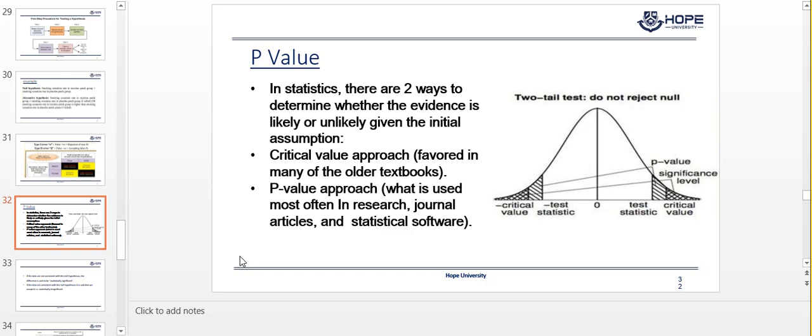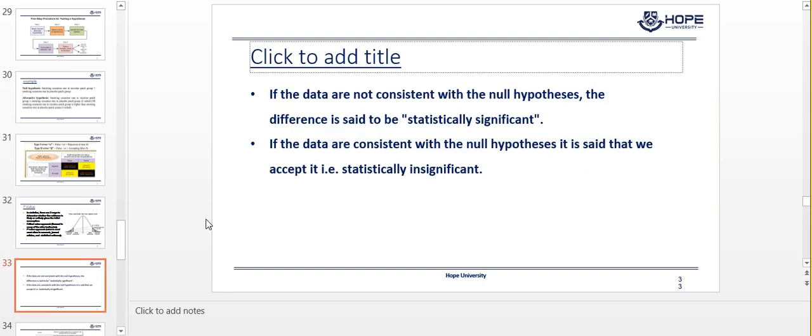The red area, we call critical value. Also, we can call it significance level. The lines, or second tail, we can call p-value. Both of them we can call test statistics.